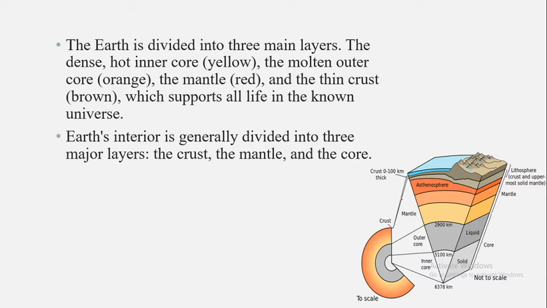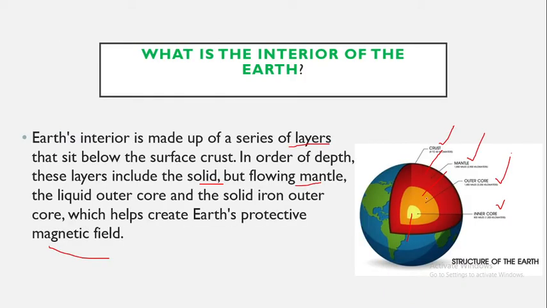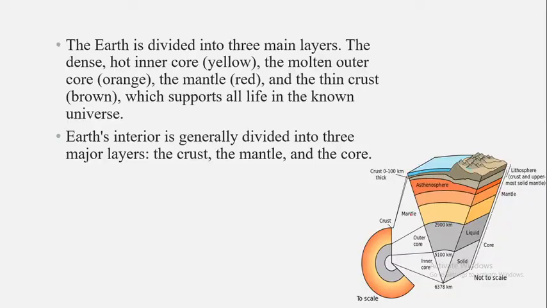Then the crust, which is very thin actually, is the outer surface. This dark portion can be demarcated as the crust region and this red portion is known as the mantle. The orange portion is the outer core and the yellow portion is the inner core. All these are the parts of Earth's interior structure.